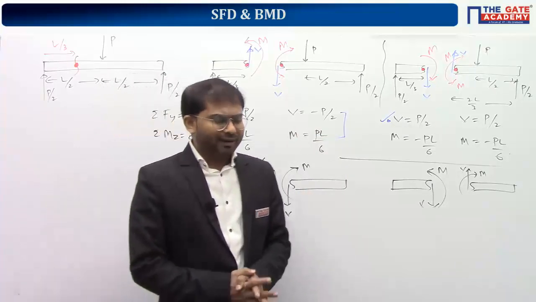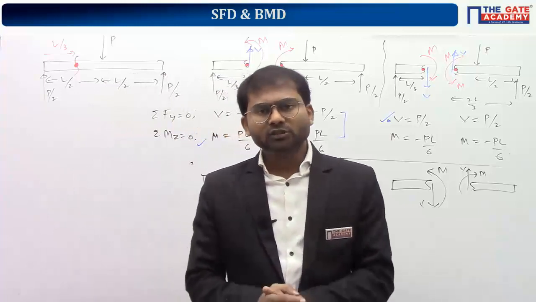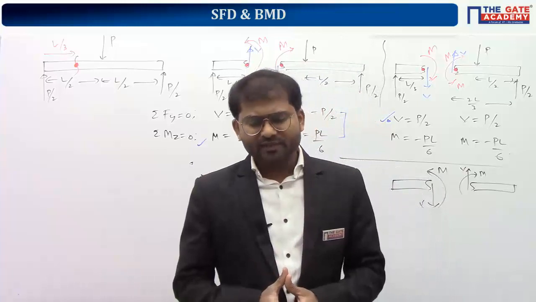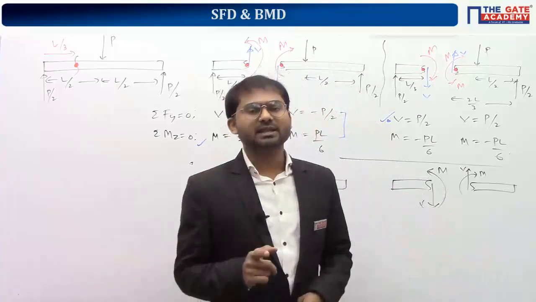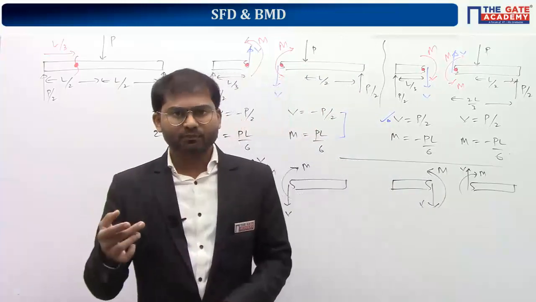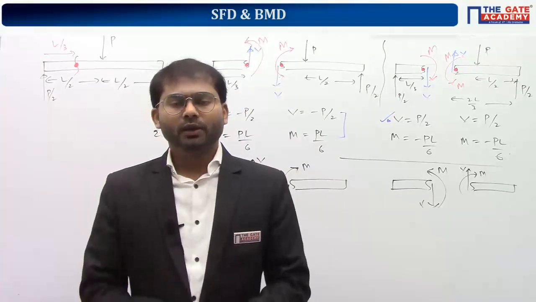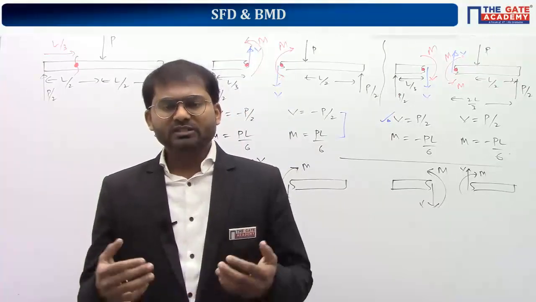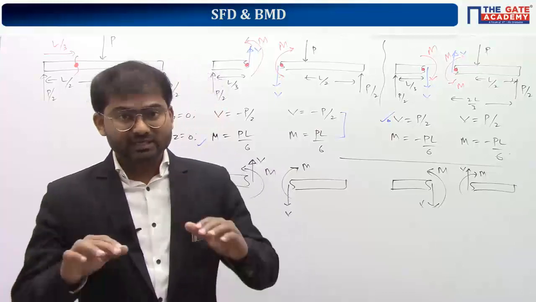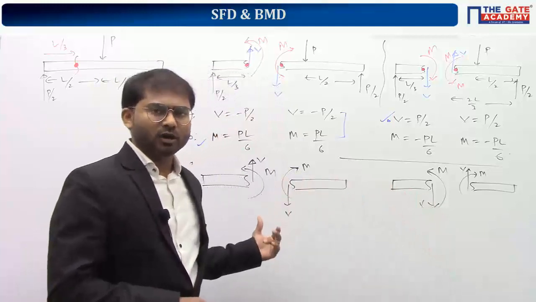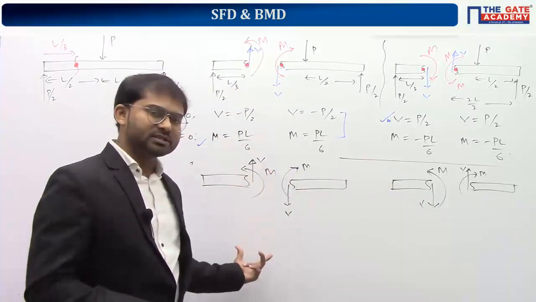Though the sign conventions are not completely standardized, the problem will not come while solving numericals or dealing with sagging or hogging. Okay, clear? So regarding bending moments, Indian author textbooks, foreign author textbooks or NPTEL all follow this method only.